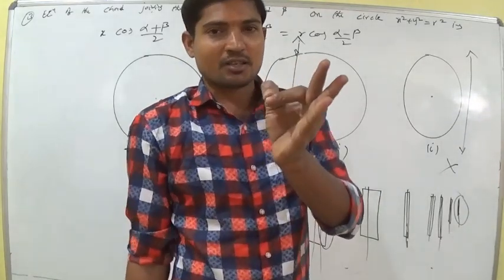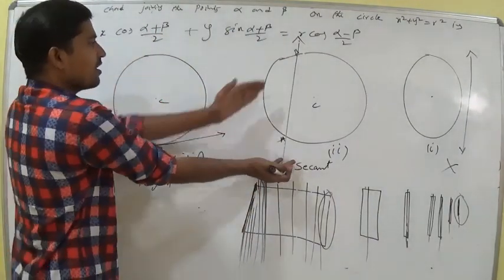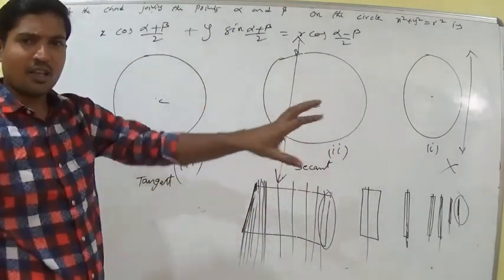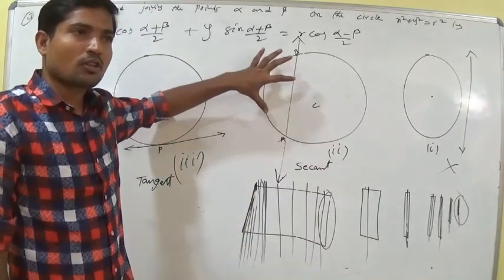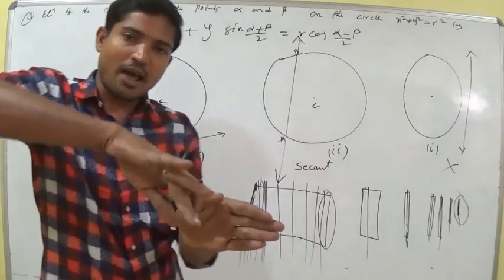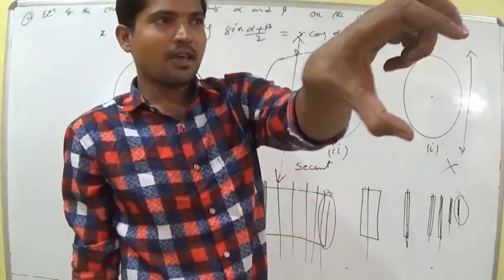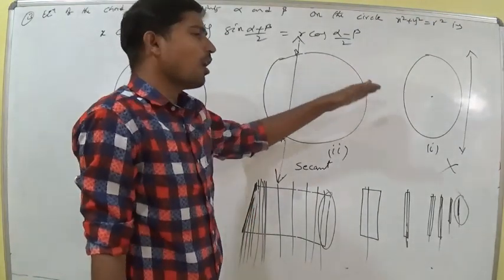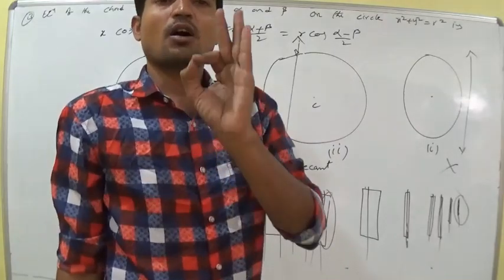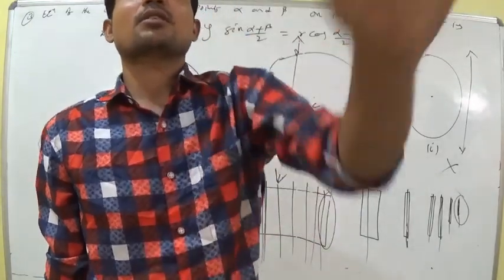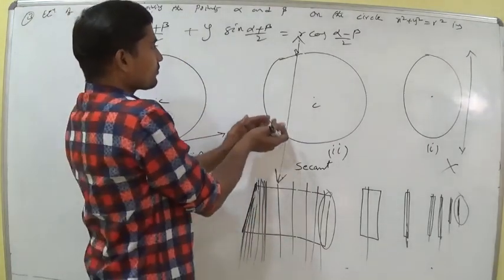That is the limit. Like this, if the secant line is given here, the line which is passing through the chord of a circle is a secant of that circle, right?